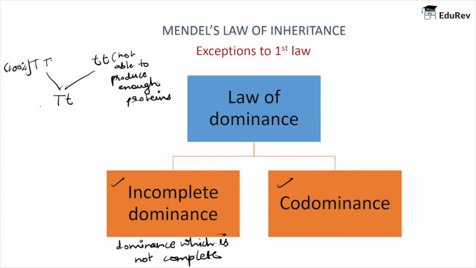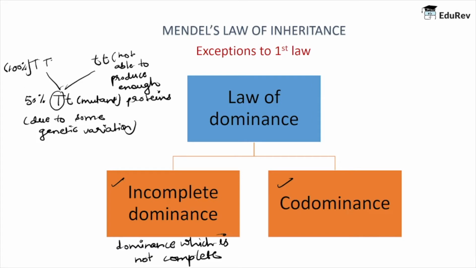But here, at this point, due to some genetic variation, this capital T is not able to dominate the small t. Why? Because now it is only producing 50% of proteins and not 100%. And this is the mutant, so it is also not producing enough proteins.